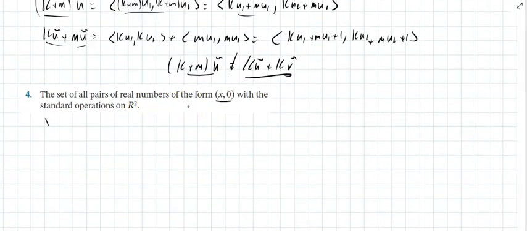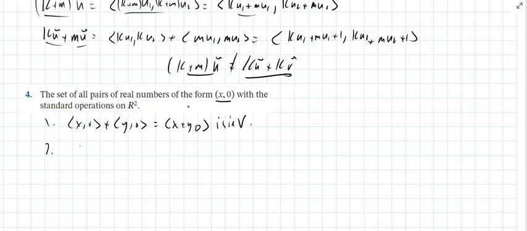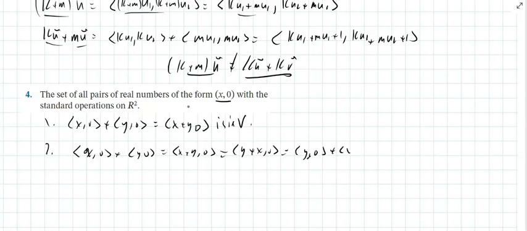Well, axiom 1, if I take x,0 plus y,0, so u and v, that would be x plus y, 0, which is in V for all real numbers, so that works. And if I take axiom 2, x,0 plus y,0 is x plus y, 0, which is y plus x, 0, which is y,0 plus x,0. So treat x and y as real numbers.